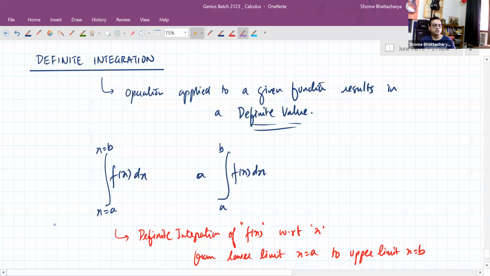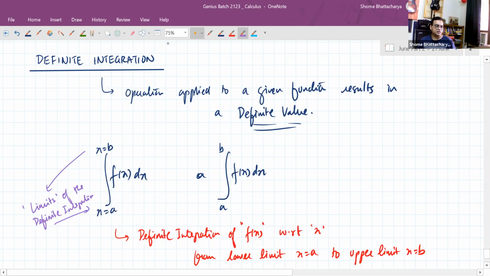So these symbols here, they are called the limits of integration. Always the one written in the lower part of the integration symbol is called the lower limit, and the one written on the upper part is called the upper limit.